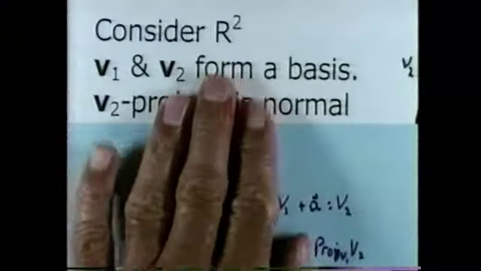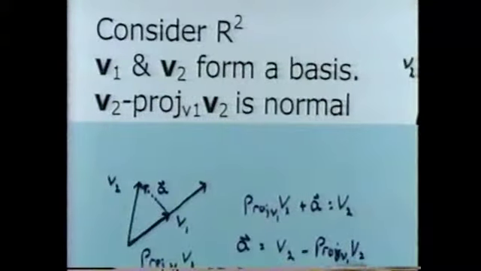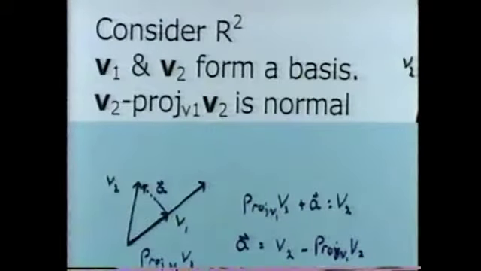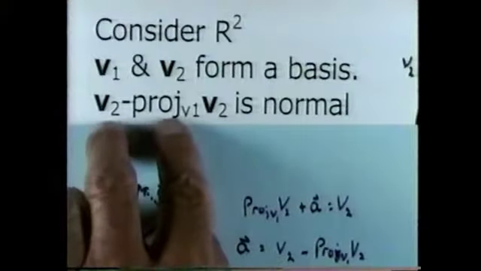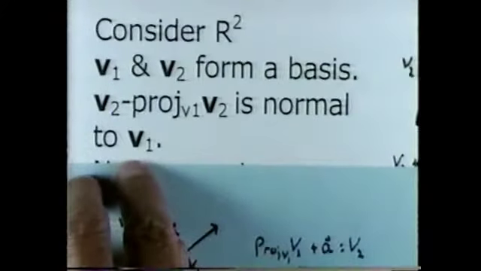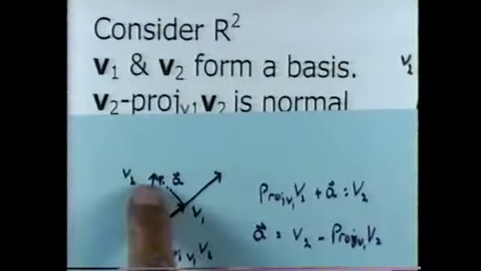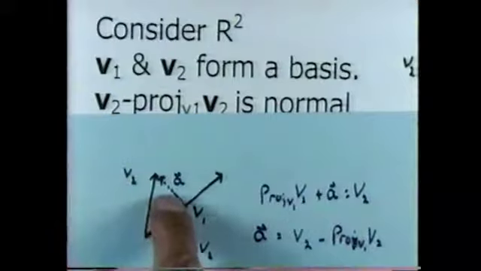Now you can see the way I've drawn it, this V2 minus the projection of V2 onto V1 is normal to V1. That's how we drew it. We drew this vector A to be normal to it.